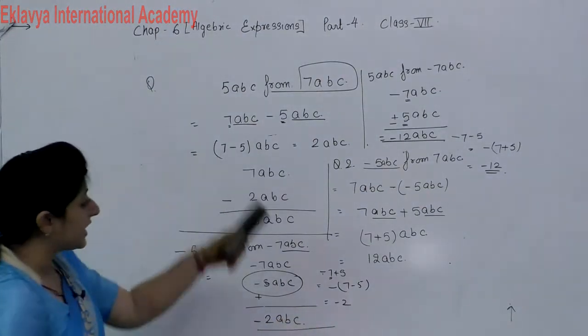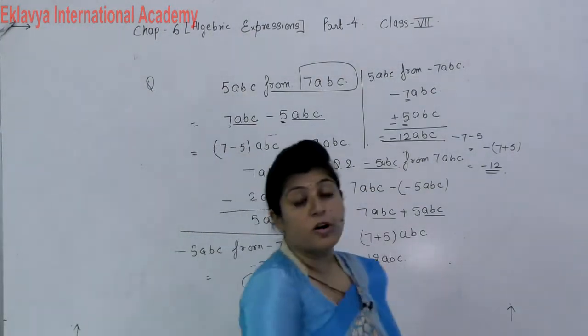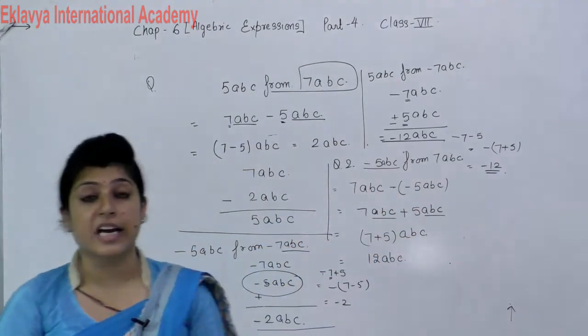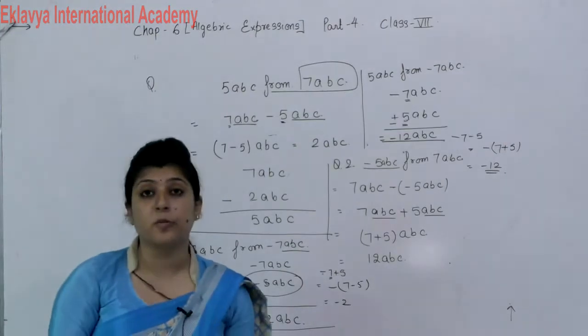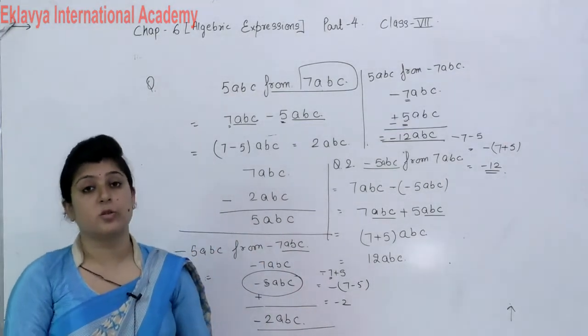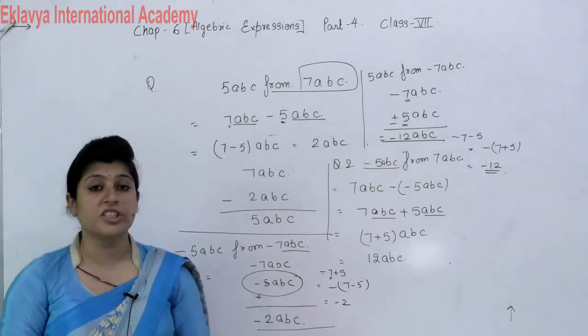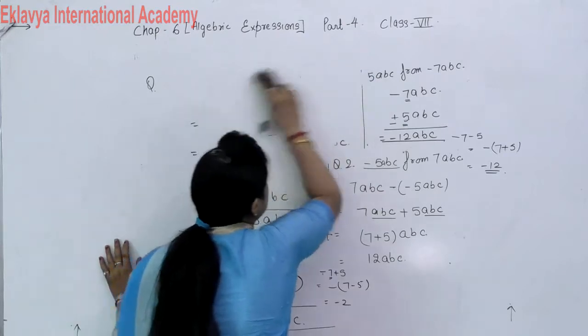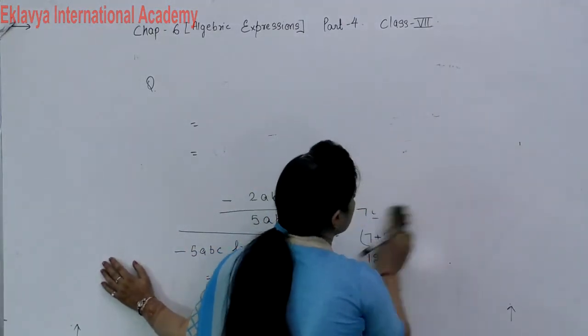See the role of the sign, plus or minus. If we change the sign from positive to negative or negative to positive, the result also changes. So do your calculation with the sign properly. Okay, this is how to solve a simple expression.